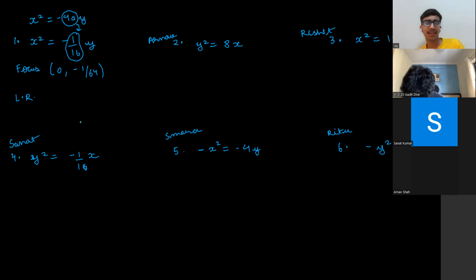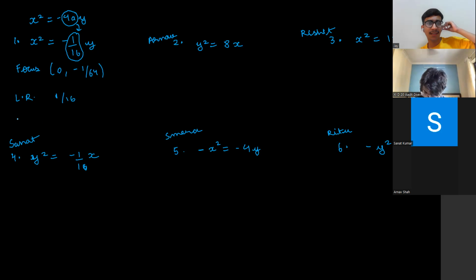Okay, yes, Adit, latus rectum quickly. I don't know why I'm getting confused. A is 1 by 64, right? Latus rectum is 4 times a. You have to cancel, right? Okay. So super easy, 4 times 1 by 64, that is 1 by 16. I was actually at 4a equals 1 by 64, so I was going to take 64 to the other side. It was a complete blunder. Never mind.